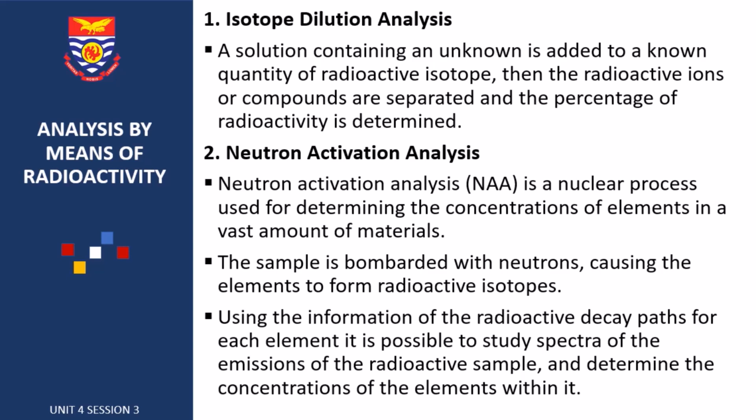This will cause the element to form radioactive isotopes. So the radioactive decay path for each of these elements is used to study the emission spectra of this radioactive sample, and the concentration of each element within it can then be determined.